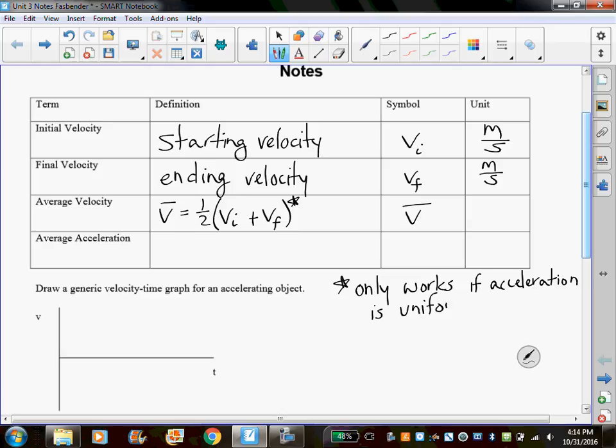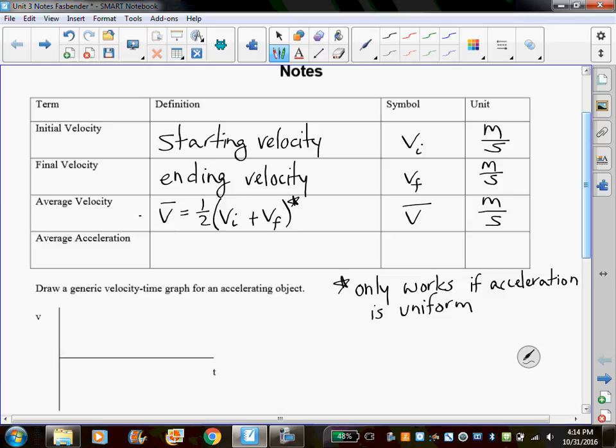And what do I mean by uniform acceleration? I mean that the acceleration is the same the whole time. We are not changing accelerations. We're not going from an acceleration to a constant velocity back to an acceleration or anything like that. It has to be the same acceleration the whole time. Otherwise, this equation doesn't work anymore. And again, velocity is measured in meters per second.